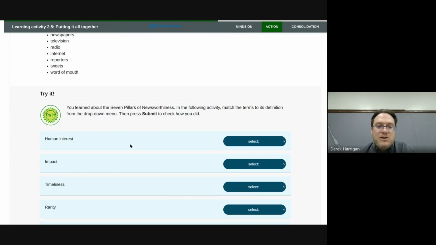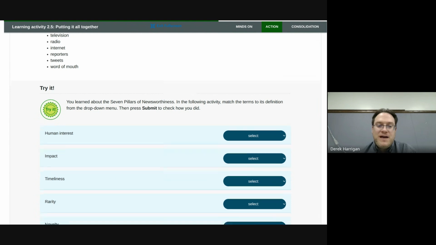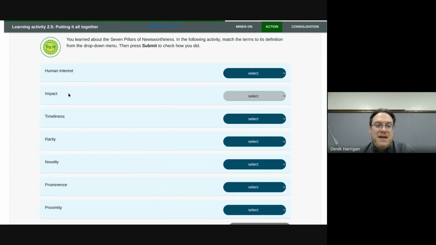And so if you take a look here, there's a little activity about newsworthiness, about determining whether something is worthy of being in the newspaper, whether an event is something that should be reported on and told to the rest of society. And so you've got examples of human interest, impact, timeliness, rarity, novelty, prominence, and proximity.